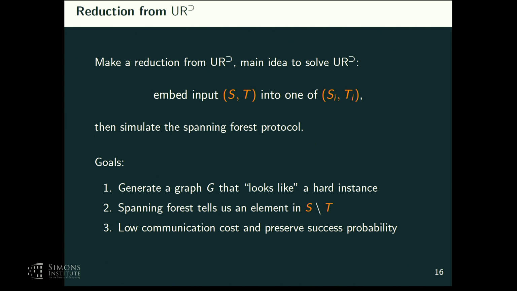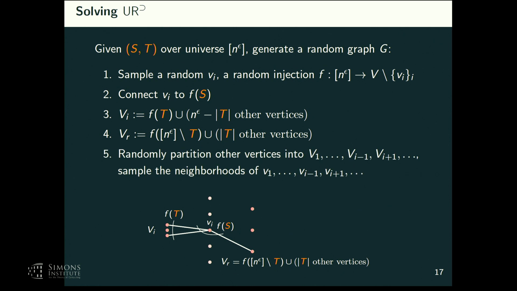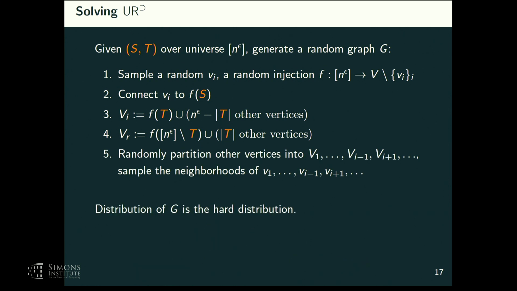But the point is, we are going to construct some graph such that, given an ST pair, the distribution of G is a hard instance, and if we can find a spanning forest, then by finding one neighbor of Vi in the middle that is in the right, we will be able to find some element in the difference.